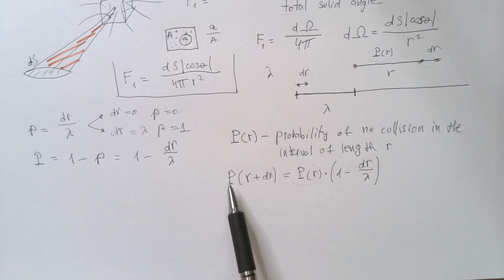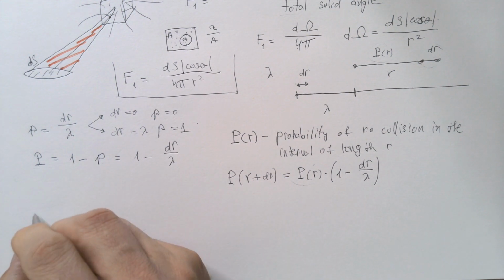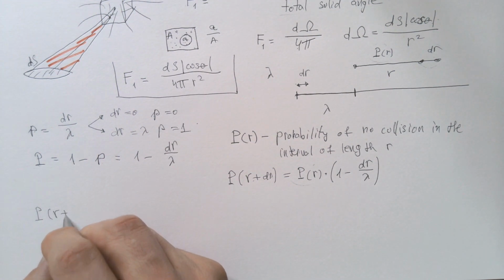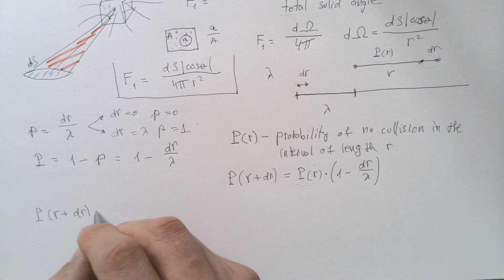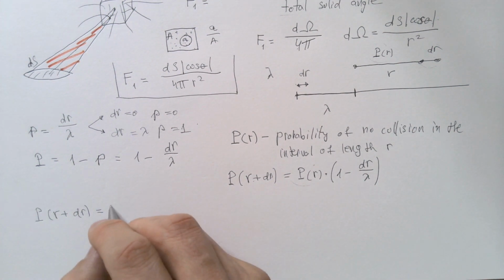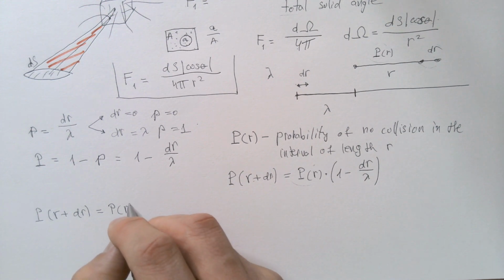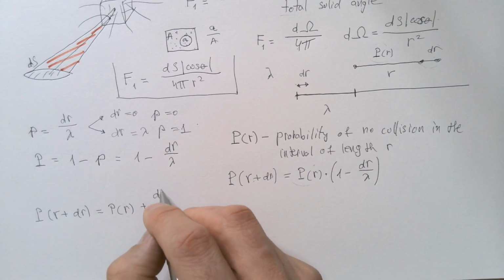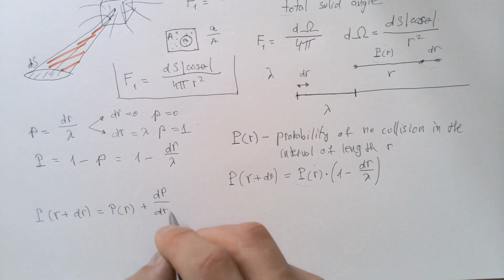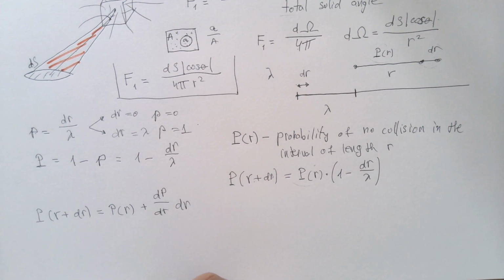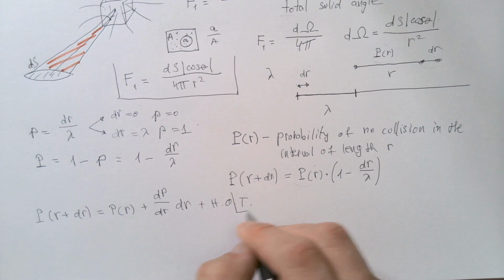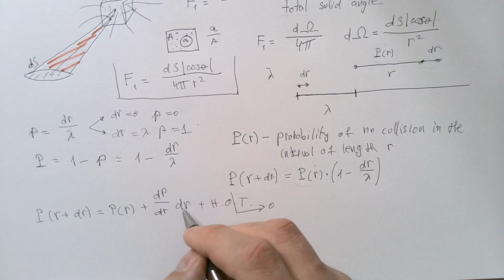Excellent. Now I will expand the left-hand side using a Taylor series in the following way. Probability at r plus dr is equal to probability at r plus dP/dr times dr plus higher order terms, which I once again will neglect.